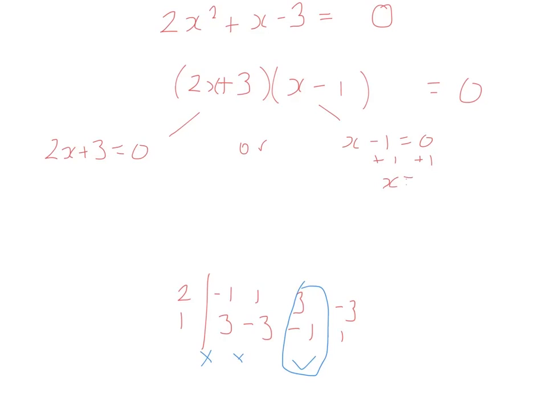We solve both sides to get x equals 1, and at this side subtract 3 from both sides, get 2x equals negative 3, divide through by 2, get x equals minus 3 over 2.